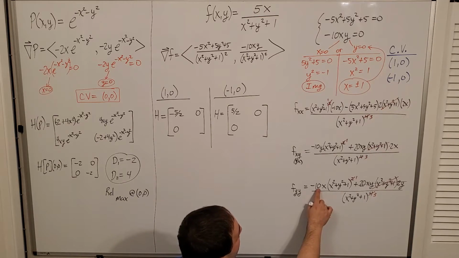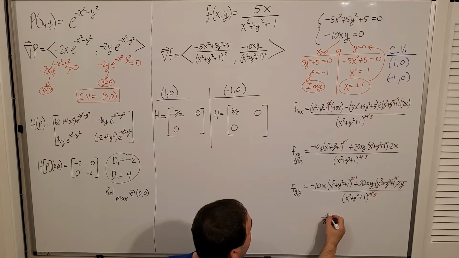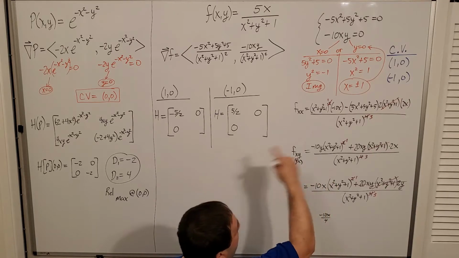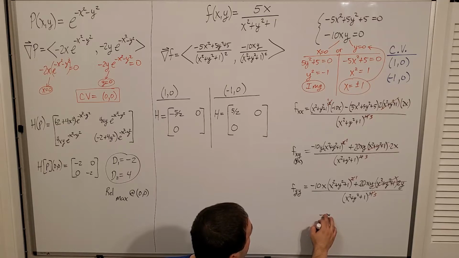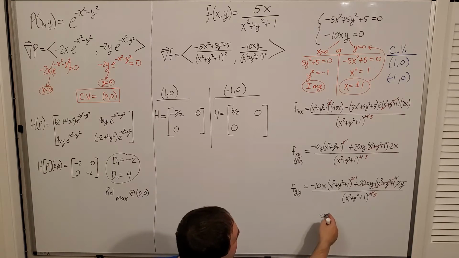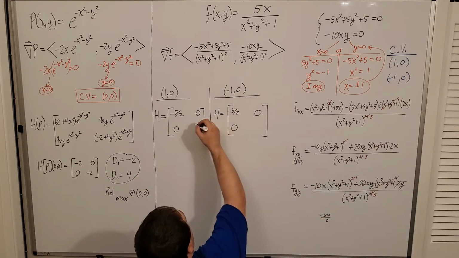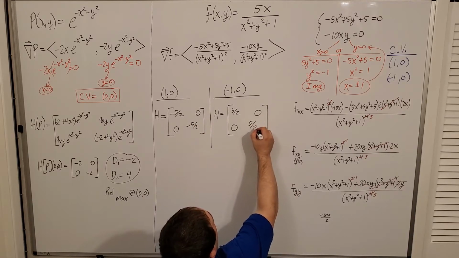For this guy right here, though, I'm getting a times 2. Actually, it's going to be times 2 for both of them. So really what I'm getting is a negative 10x over 4 for both, and 10 over 4 reduces to 5 over 2. So then it's really up to the x. I'm getting the negative 5 over 2 here and positive 5 over 2 here.